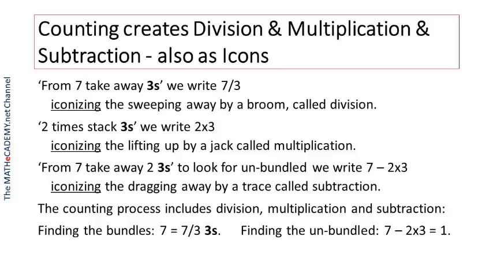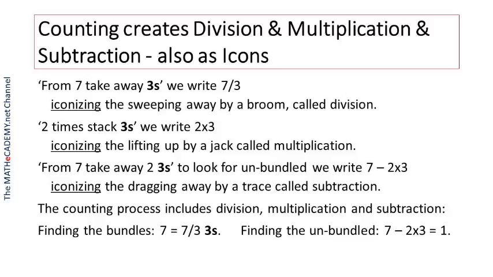From 7 take away 2 3s to look for unbundled, we write 7 stroke 2 cross 3, iconizing the dragging away by a trace, called subtraction.